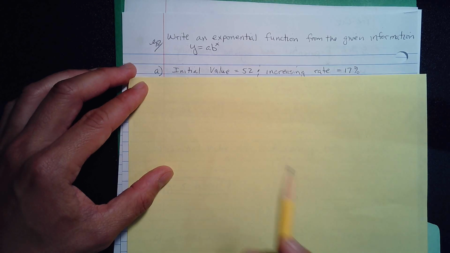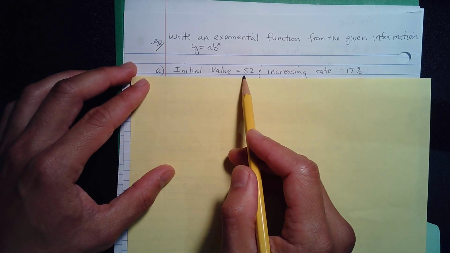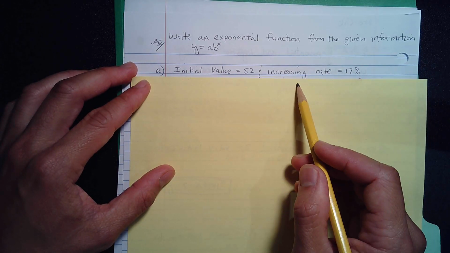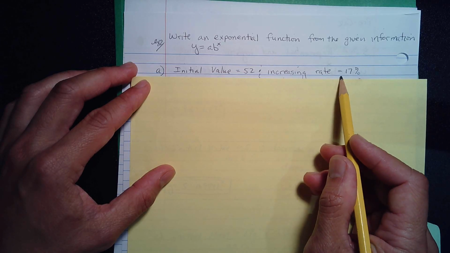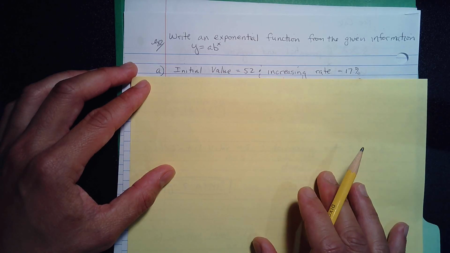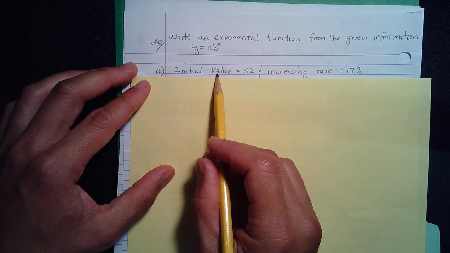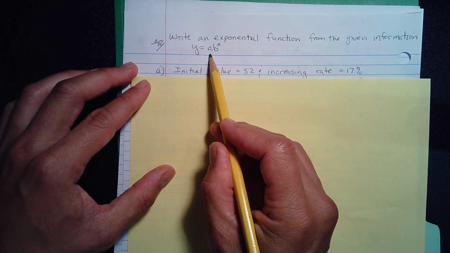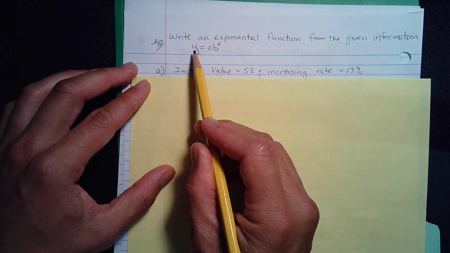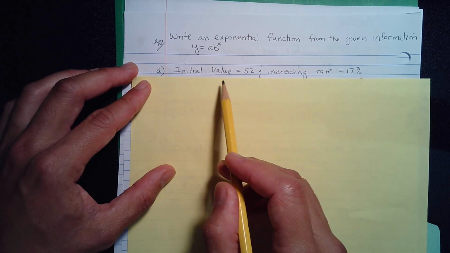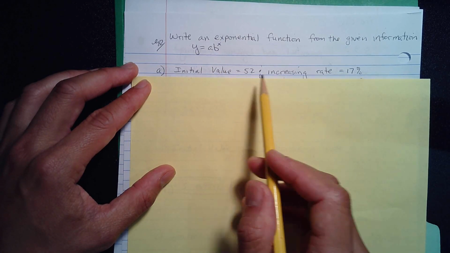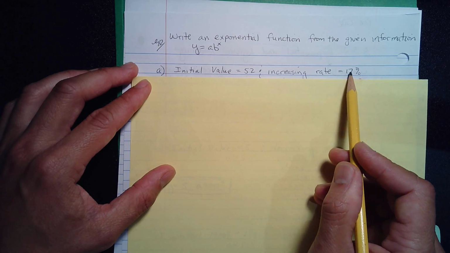So here's what they give us. They give us the initial value is 52 and increasing rate equals 17%. So the initial value, that's what a is. That's what we discussed earlier. Again, know what your y, a, b, and x are. So a is 52. Increasing rate, r is 17%.